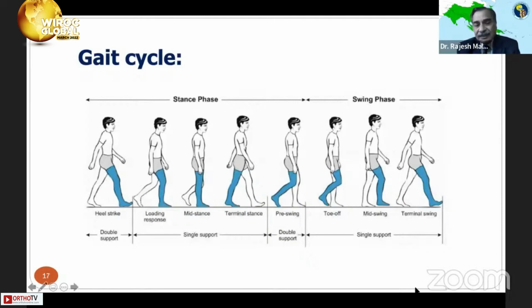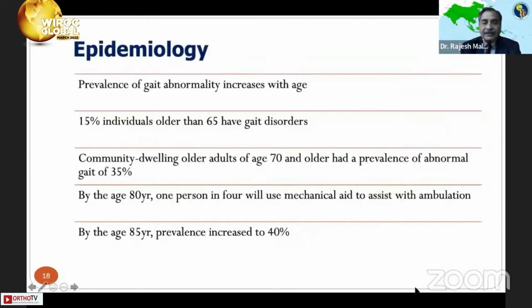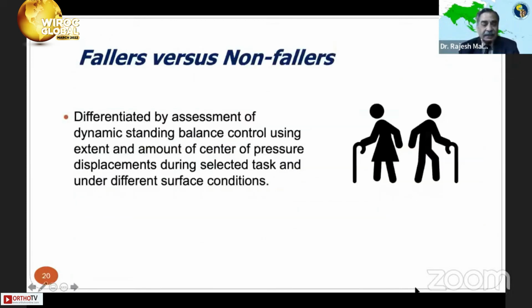We all are conversant with the gait cycle. However, what happens is that the gait becomes abnormal with age. About 15% of individuals older than 65 have gait disorders, which increases to 35% for those above 70 years. And with advancing age, more and more people need walking aids. You must distinguish between fallers versus non-fallers.